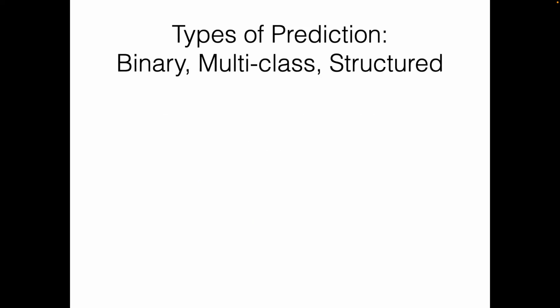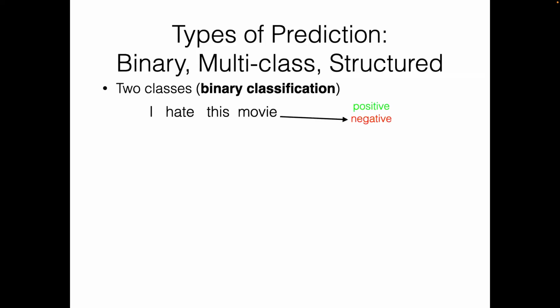Okay, so just first at a high level. So far we've been talking about classification. And in the first two lectures, we talked about binary classification and multi-class classification. So in binary classification, we have two different classes. So let's say we want to classify whether this movie review is either positive or negative.